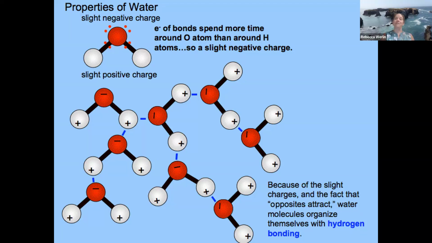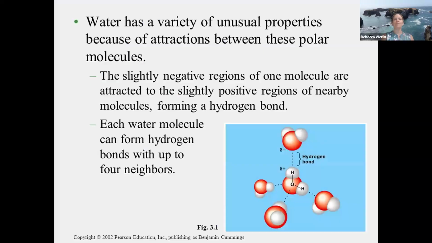So liquid water can be dense. Water molecules can pack tightly together, and they're always forming hydrogen bonds between a partially negatively charged oxygen and a partially positively charged hydrogen on another water molecule. And they're constantly forming, constantly breaking, closely packed together.